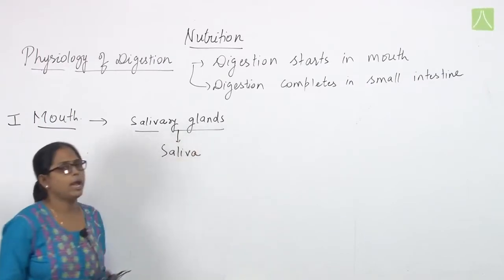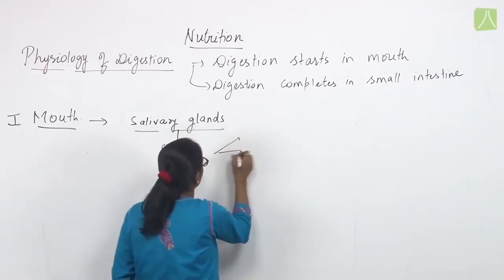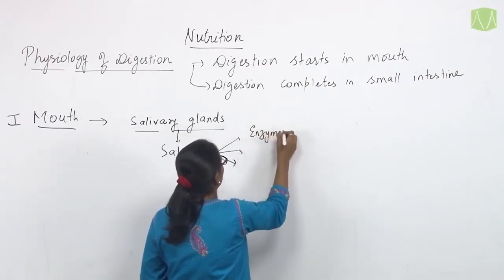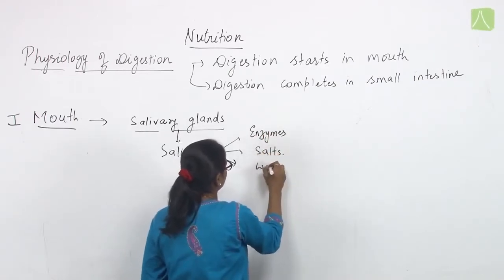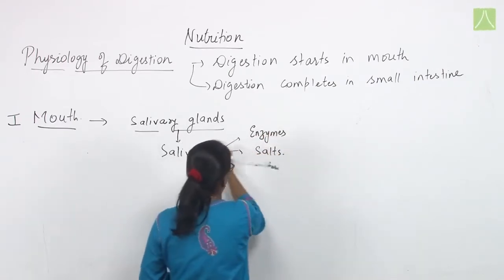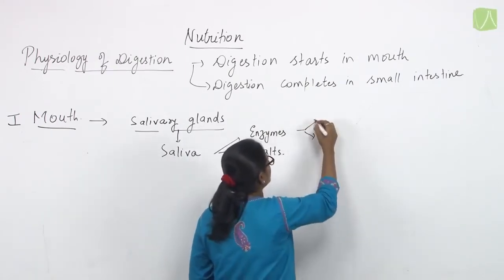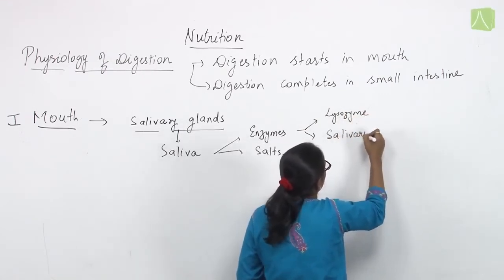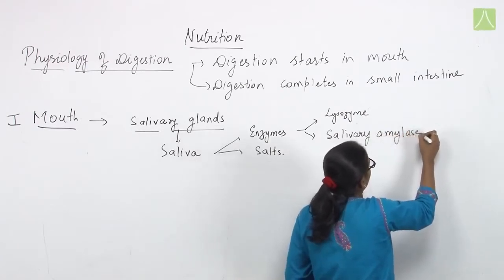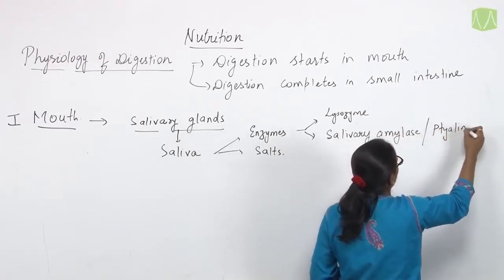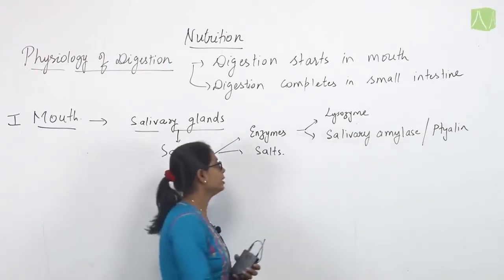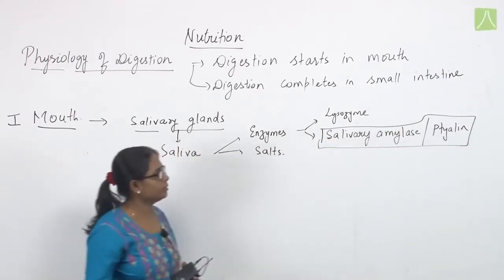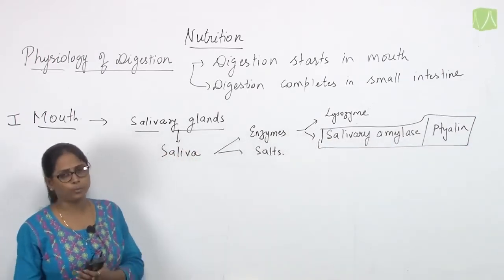This saliva contains various components which we also discussed, that is enzymes and salts. Enzymes are of two types, lysozyme and salivary amylase. Salivary amylase is also known as ptyalin. The main enzyme of our concern is salivary amylase, that is ptyalin, which plays a very important role in the digestion process.